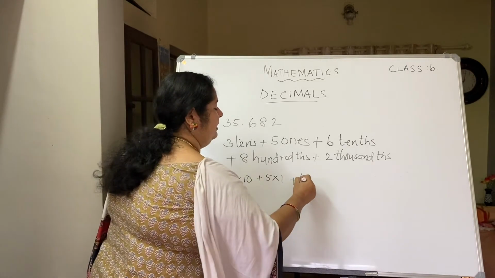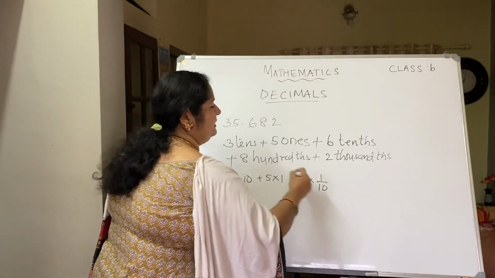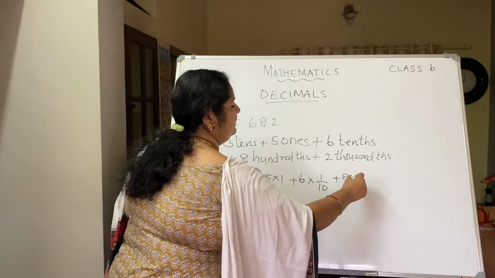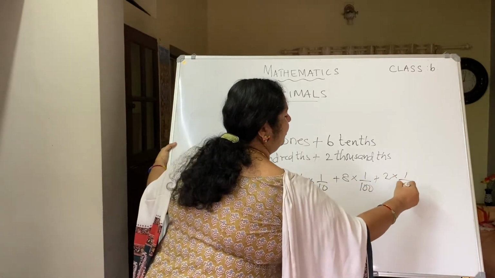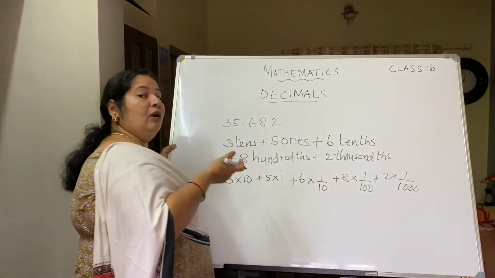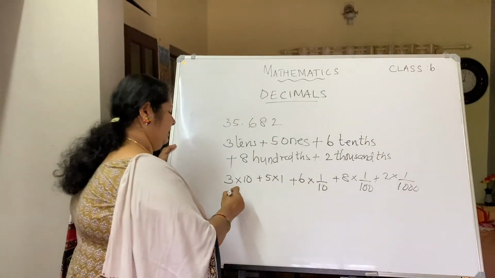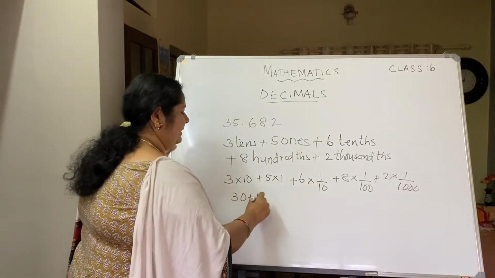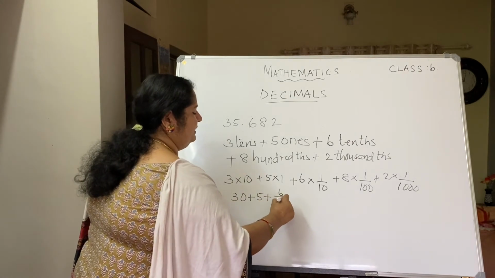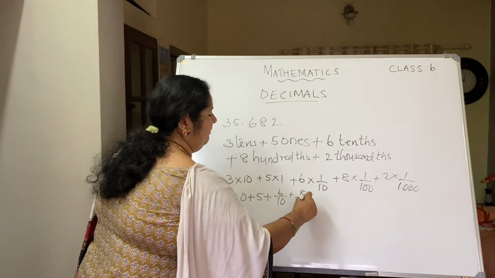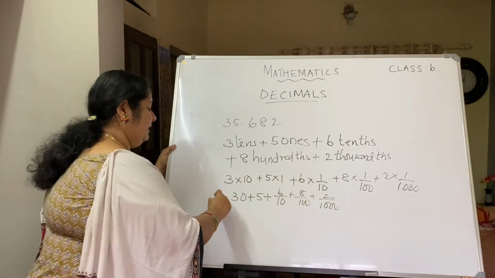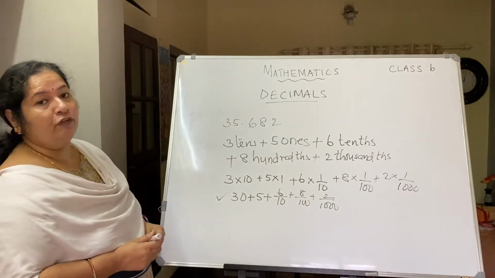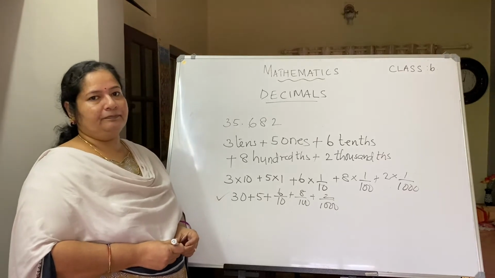So this will be 6 into 1 by 10 plus 8 into 1 by 100 plus 2 into 1 by 1000. Or it can be written as 30 plus 5 plus 6 by 10 plus 8 by 100 plus 2 by 1000. This is the expanded form for the decimal.